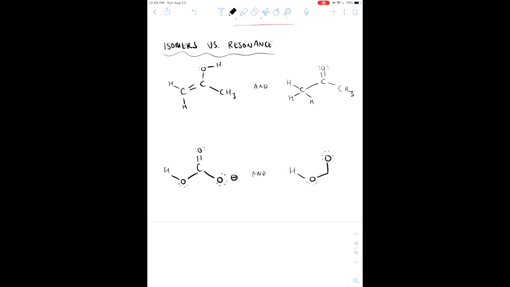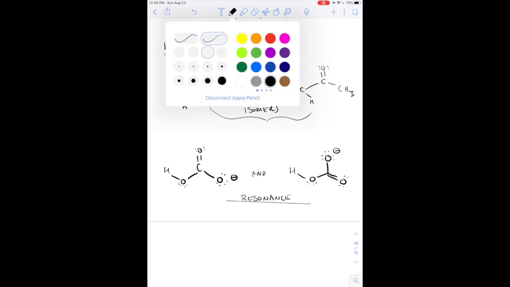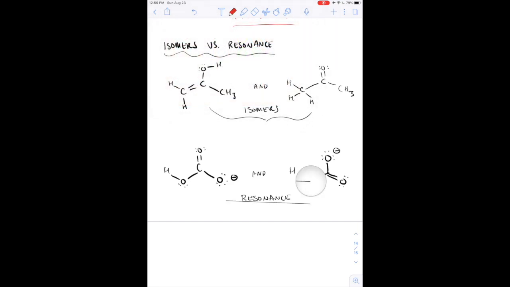Resonance is just the same bond connectivity but a different arrangement of electrons. If we look at the upper one, we can see that it's an isomer because the carbon on the far left, the one with the double bond, has 2 hydrogens on it, while the one on the right has 3. That's different bond connectivity, so it has to be an isomer.